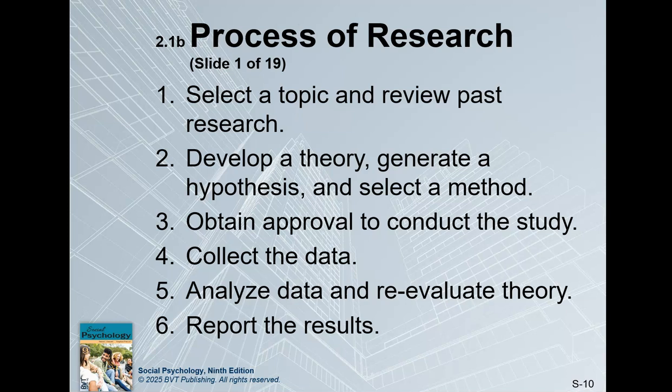What did other researchers say about this topic? Number 2 says, develop a theory, generate a hypothesis. And hypothesis, I just want to remind everybody, is a prediction. And then the end of number 2 here, it says, select the method that you're going to use in order to conduct this specific research.